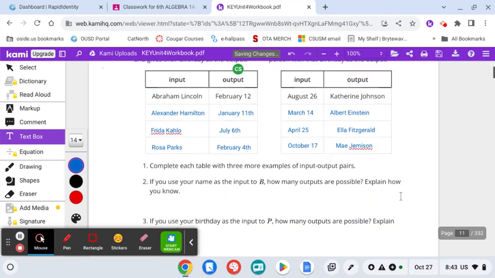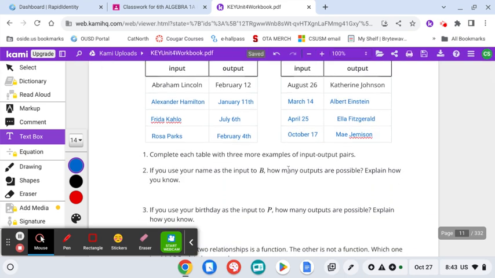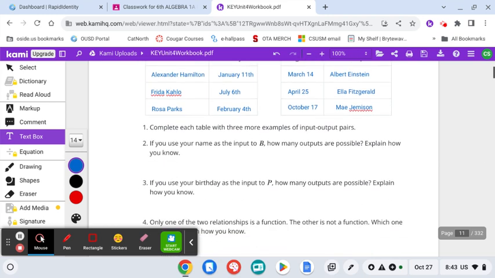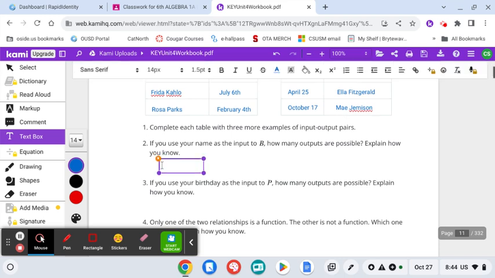So in the questions below, they said complete each table with 3 more examples. You can totally use your own if you want. If you use your name as the input, how many outputs are possible? So again, rule B is the one on the left here. Let me type in the text box. If I use my own name, there is only one possible output.